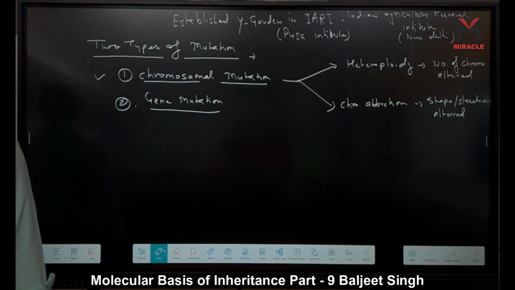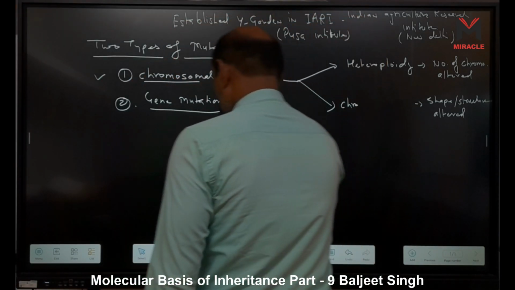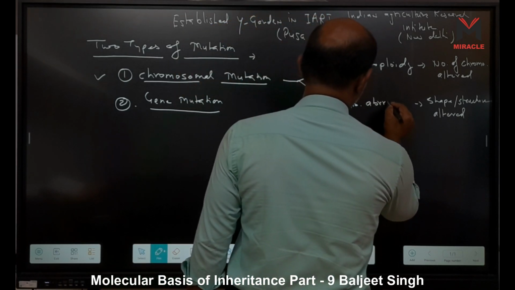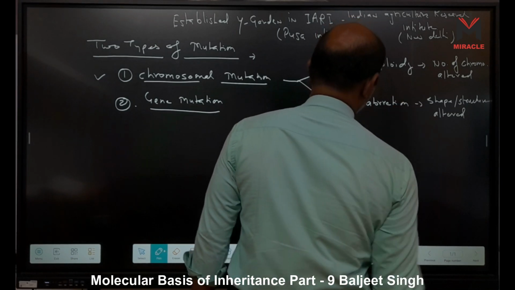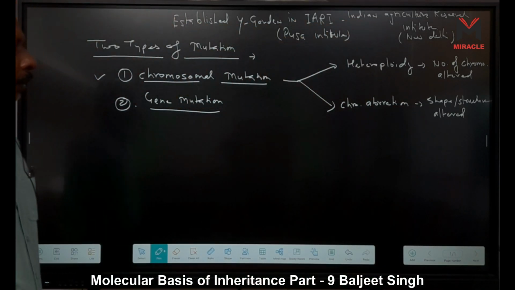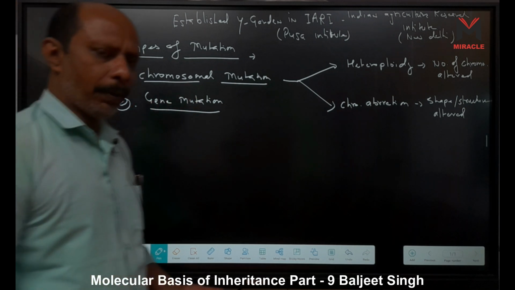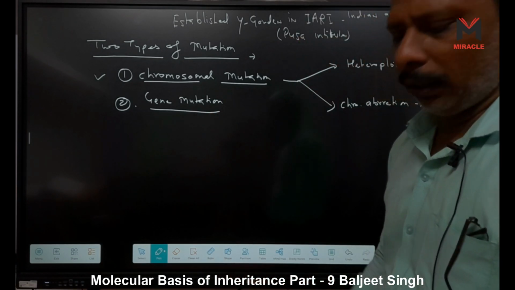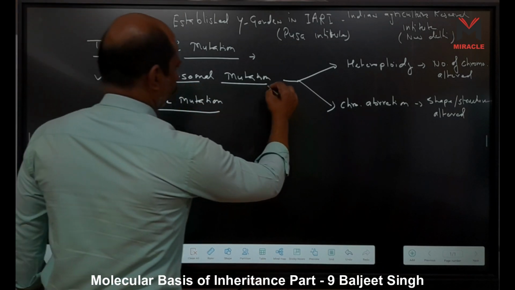So these are two types. When we consider gene mutation, it has different types, right? We will read gene mutation another time. First, we start with chromosomal mutation.